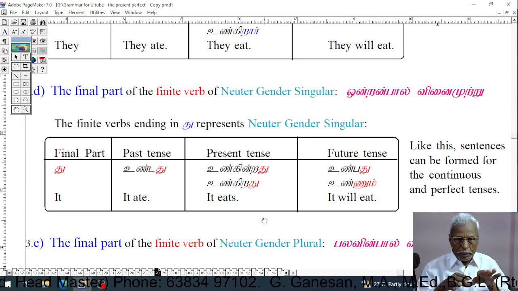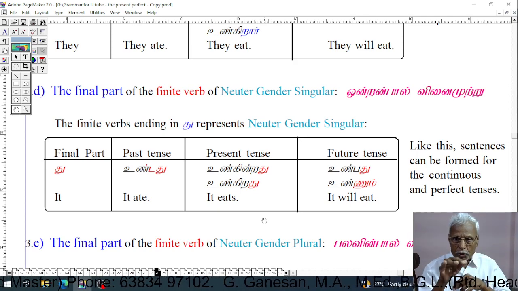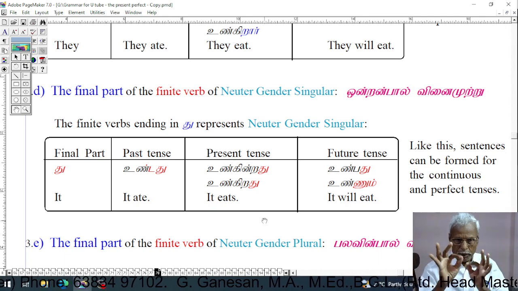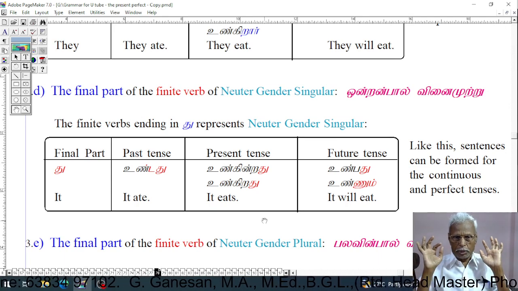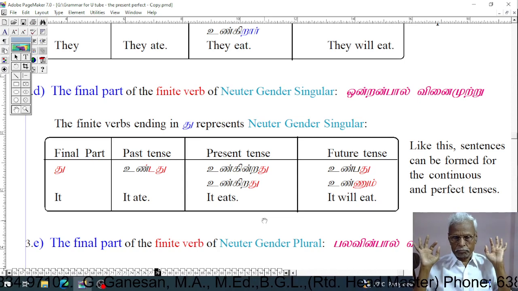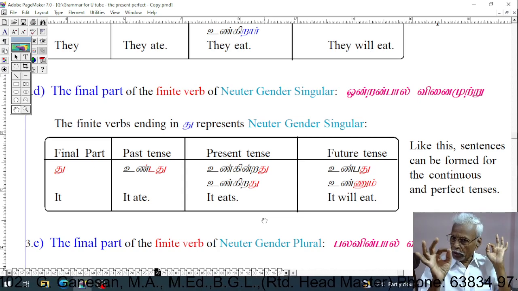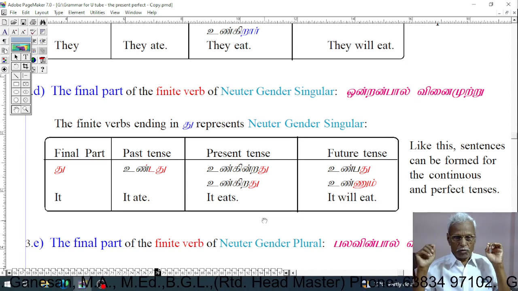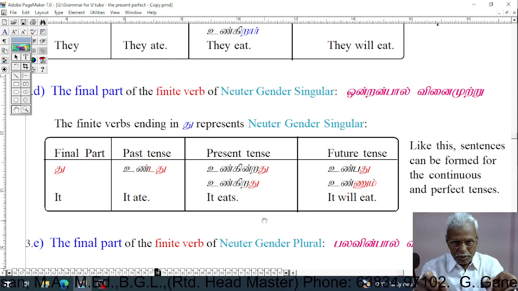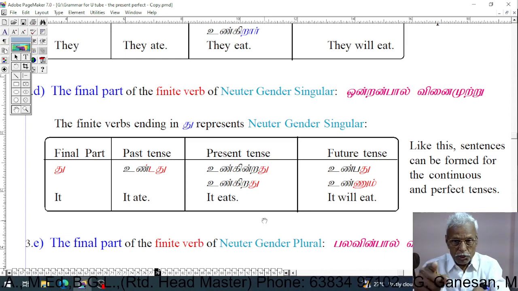The finite verb ending in tu represents neuter gender singular. Ending in tu, only you keep in mind.